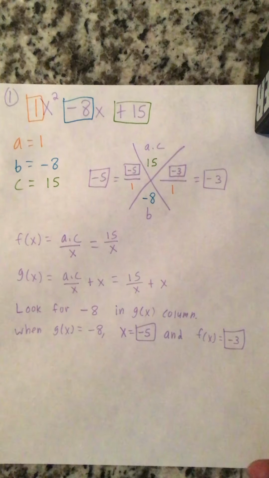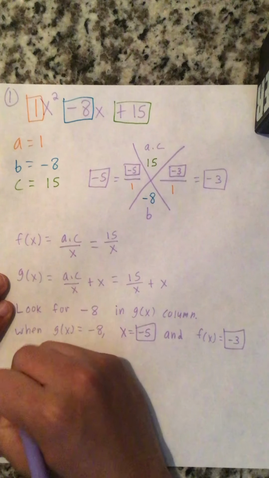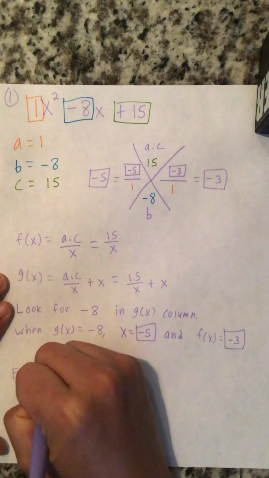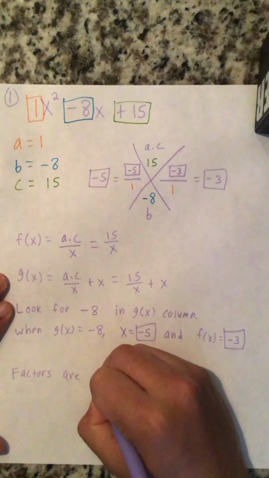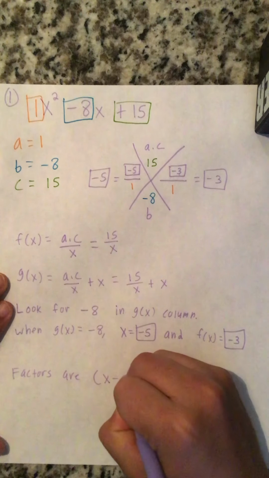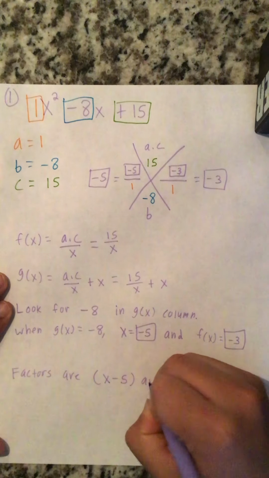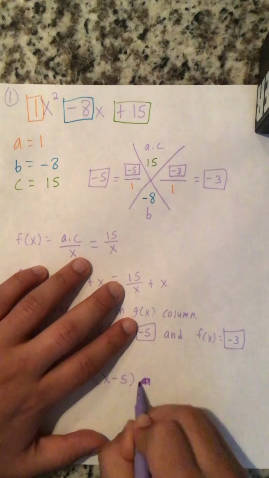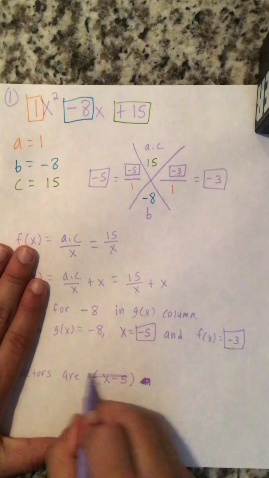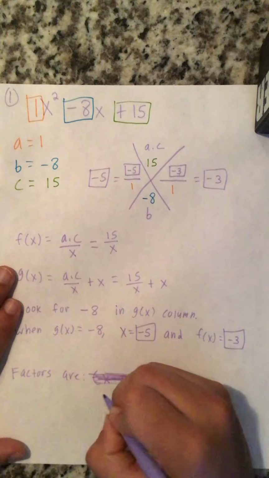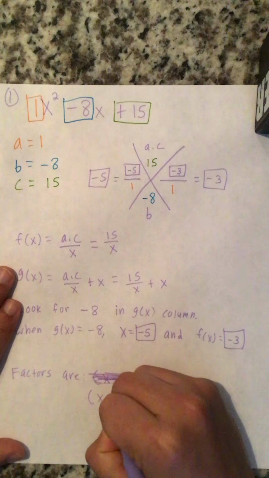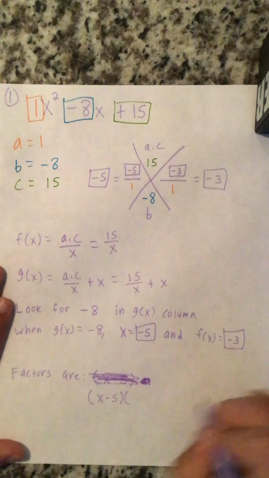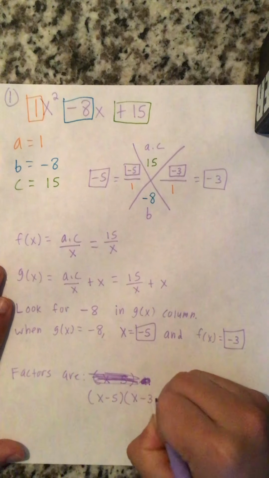The final answer we're going to write is that the factors are x minus 5, x minus 3.